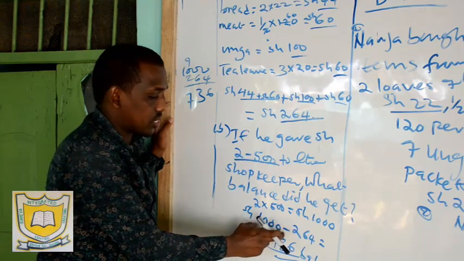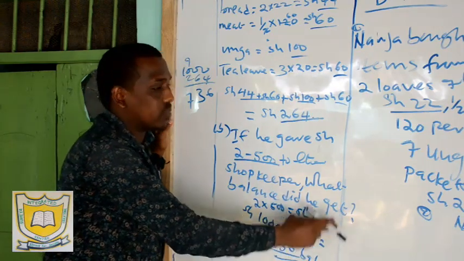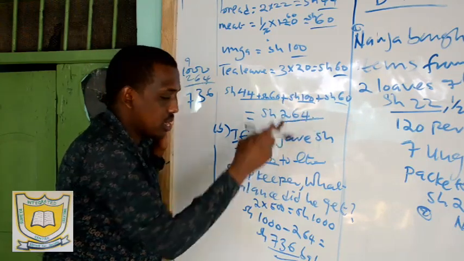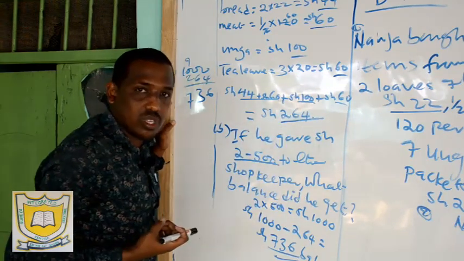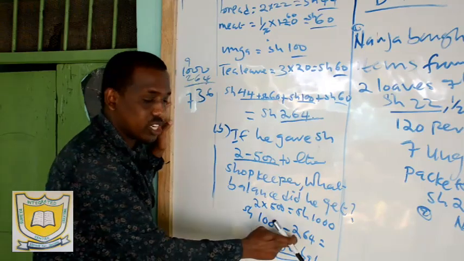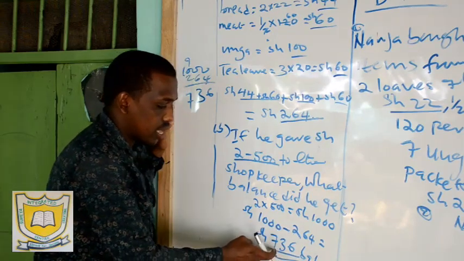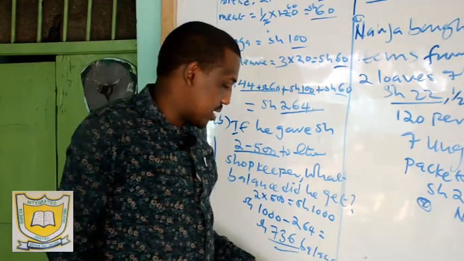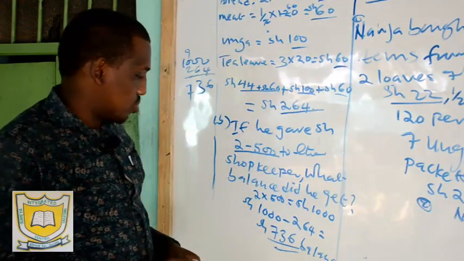So the balance now, he gave the shopkeeper 1,000. The price of the items, shillings 264, is subtracted from what he gives the shopkeeper. 1,000 minus 264, you will get shillings 736. That is how we do.